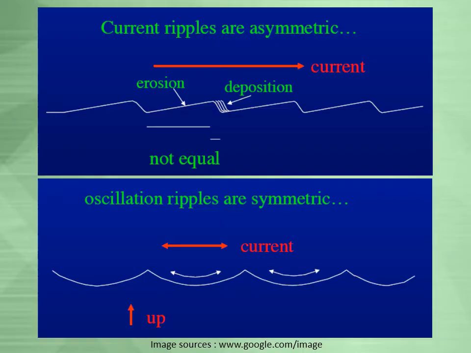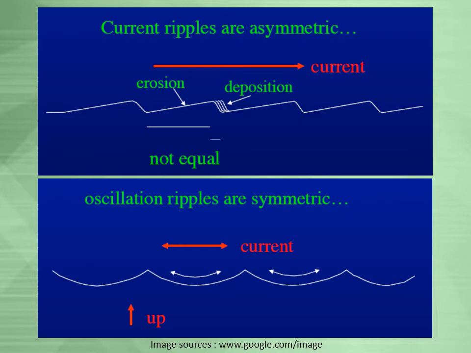In the previous slide you saw the picture of both symmetrical and asymmetrical ripples from the top view, where you can see only the trough and crest lines.